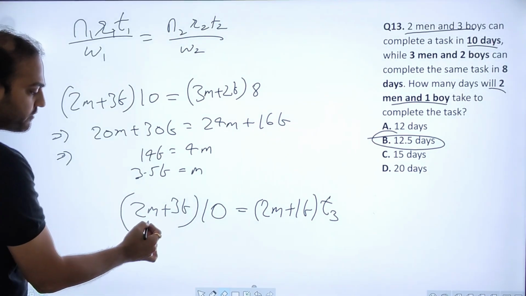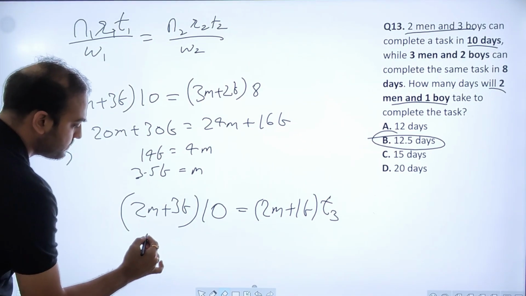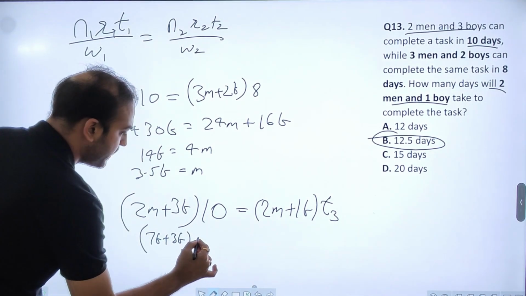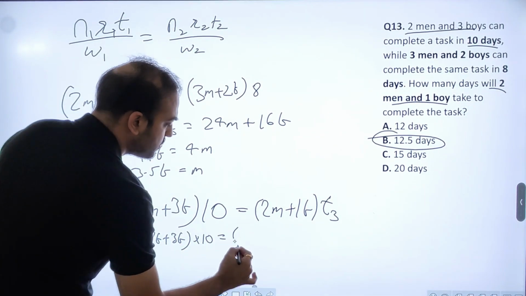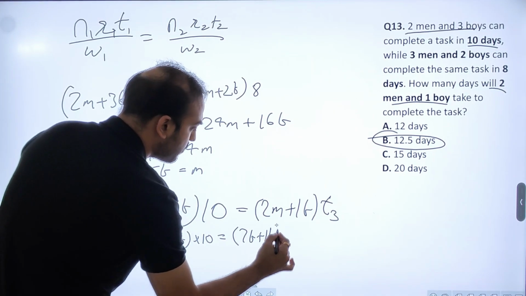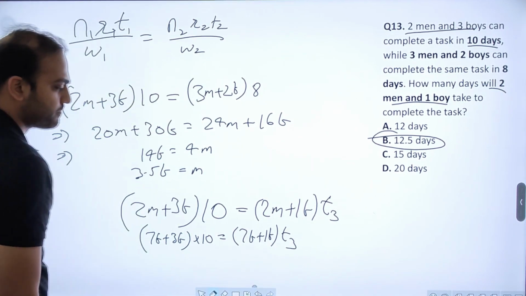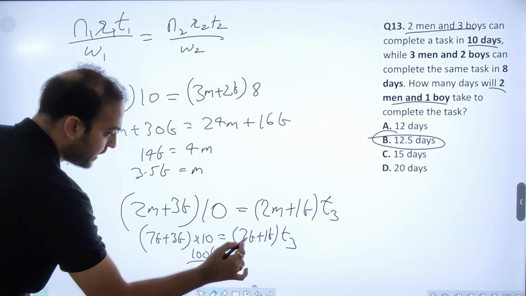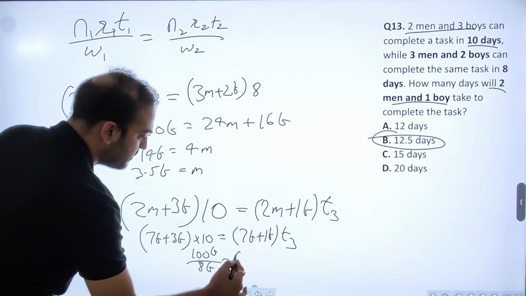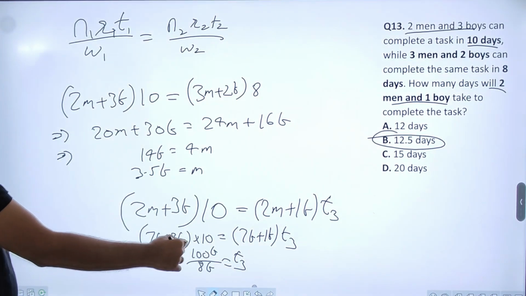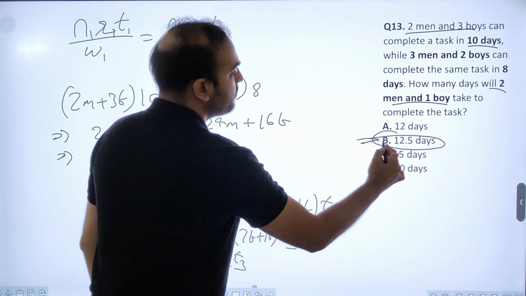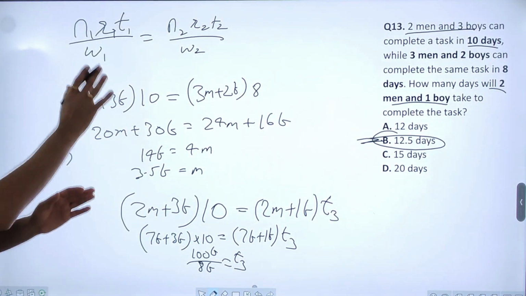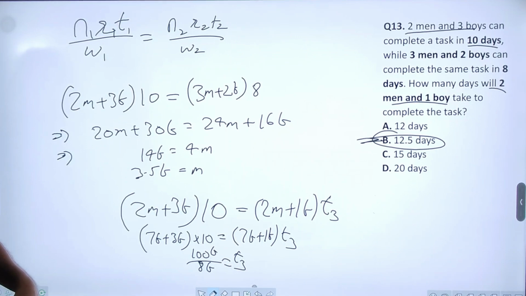So this will become 3.5 into 2, which is 7 boys, plus 3 boys, into 10, is equal to 7 boys plus 1 boy into T3. This is 100 boys by 8 boys is T3. It's the same calculation as before, 100 by 8, which is 12.5 days. Again, do not worry, this will be covered in the next part of our lecture.